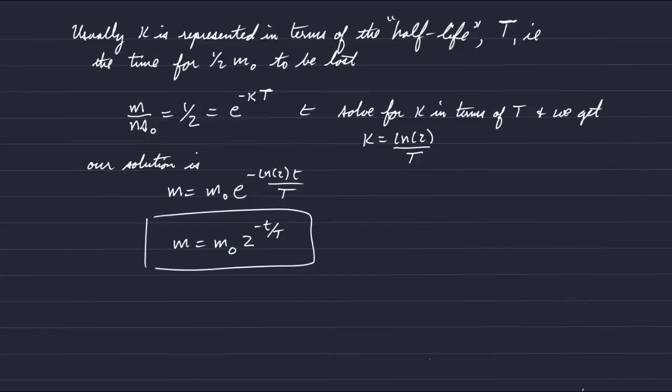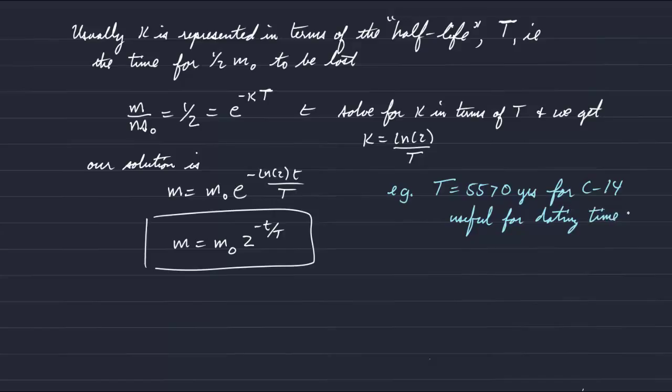And just to give some examples of half-lives, T is equal to about 5,500 years for C14, and this is useful for dating, say, the time of death of biologic materials.